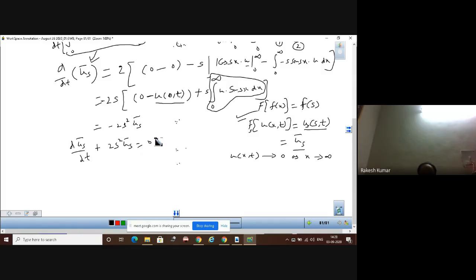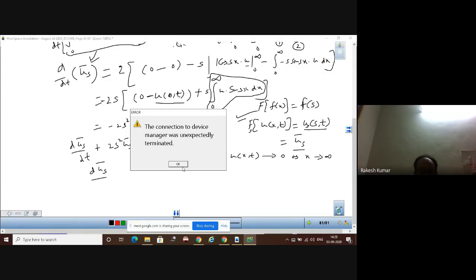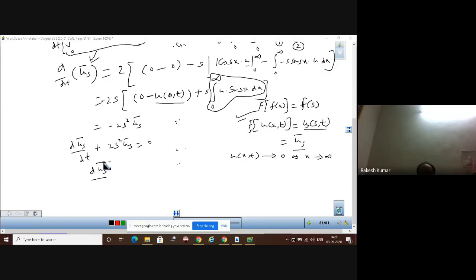Now you have to solve this equation, and this equation can be solved by the separation of variables method. That will be d u s bar upon u s bar, and on the other hand side it can be written like this: minus 2s square into dt.